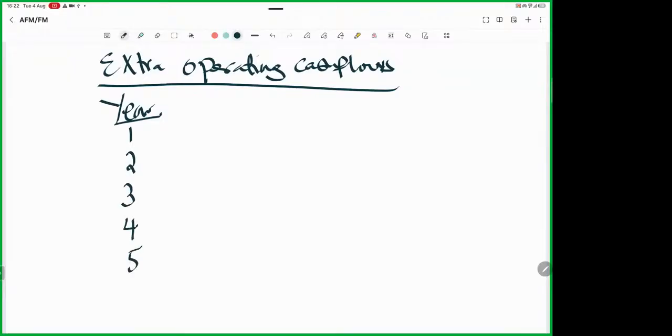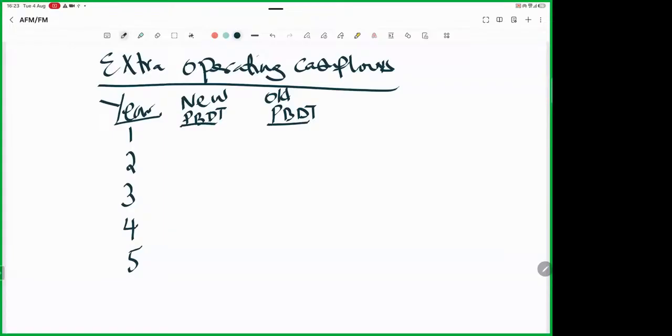So we have the new earnings before, I like using profit, for the new machine. And then we have the old profit before depreciation and tax. Are you able to give me these numbers?